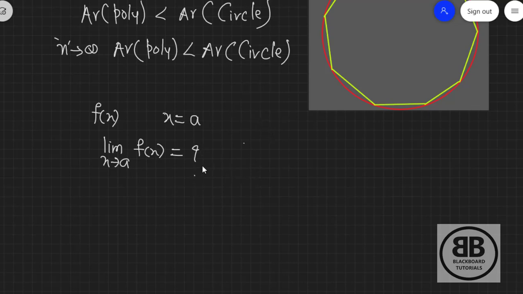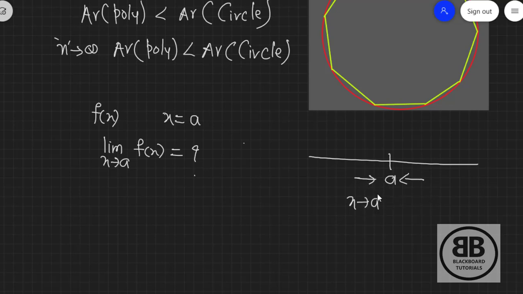This will be explained as when we are tending to a from the numbers less than a and from the numbers greater than a. So x is approaching a from both sides.